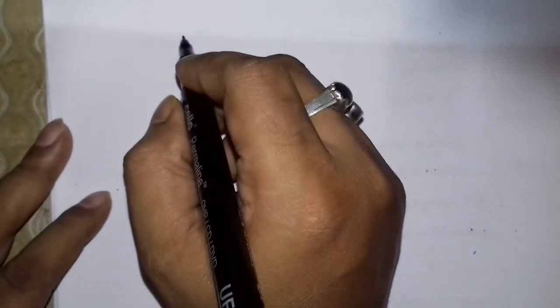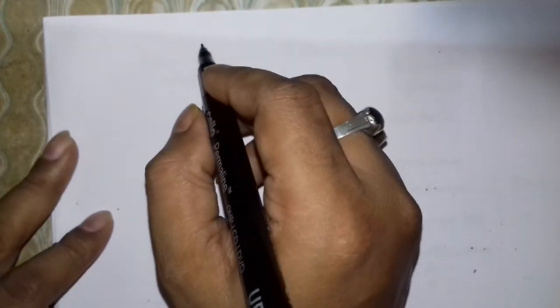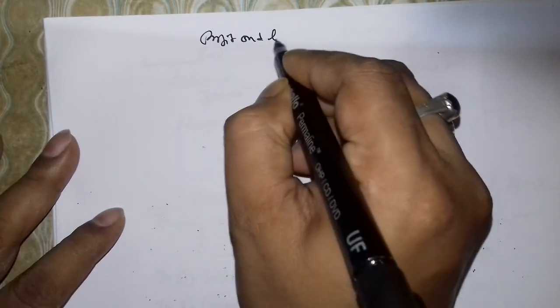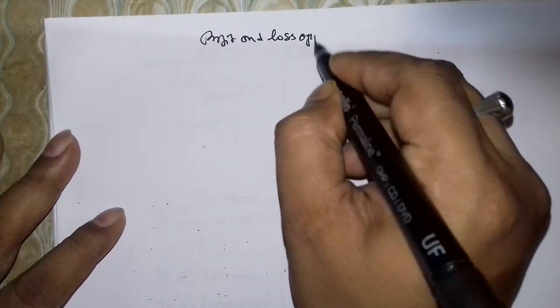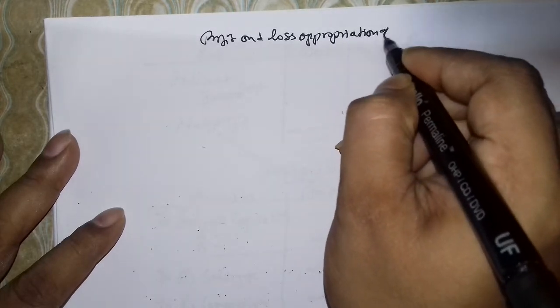So let's solve this question. See in this sheet, profit and loss appropriation account.